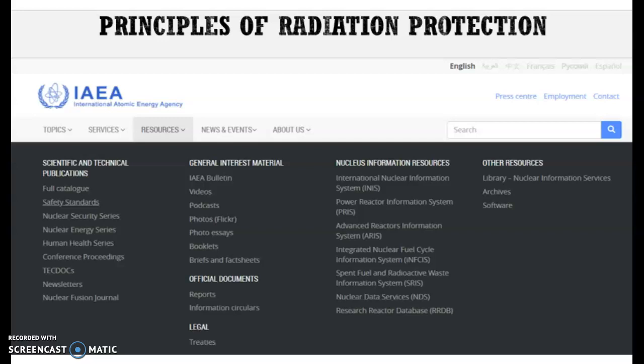The IAEA, on the other hand, has free educational resources such as PowerPoints, which you could easily use for assignments or as a reference for your assignments. The Basic Safety Standards that come out of the IAEA are a highly reliable source of information, as they serve as a global reference for protecting people and the environment from radiation worldwide.